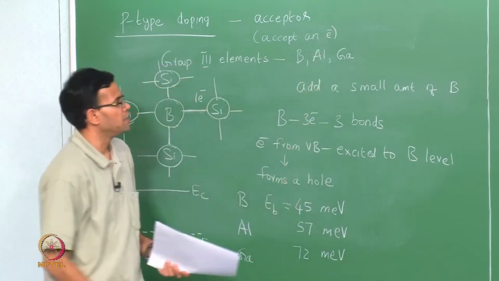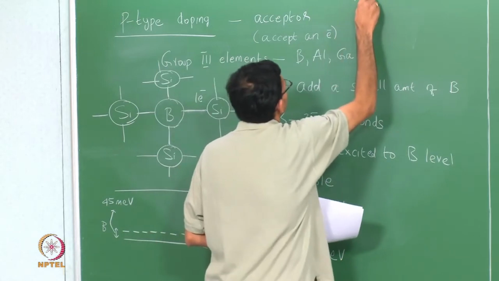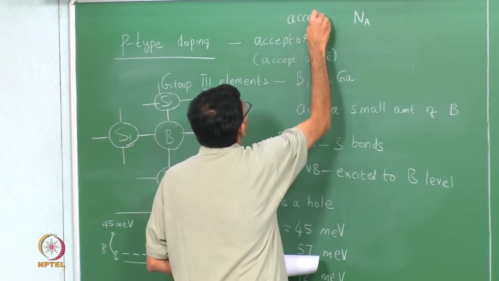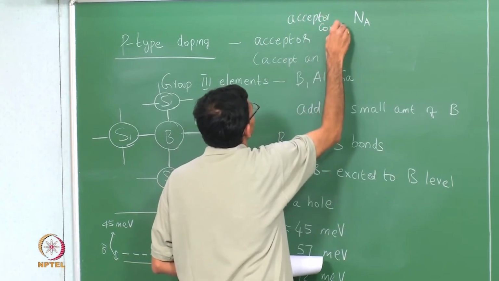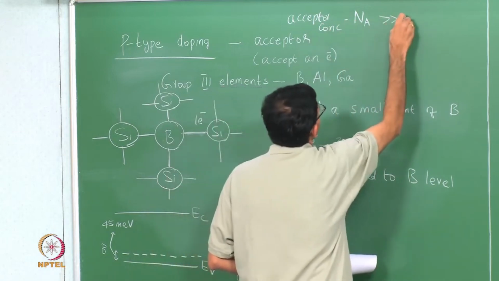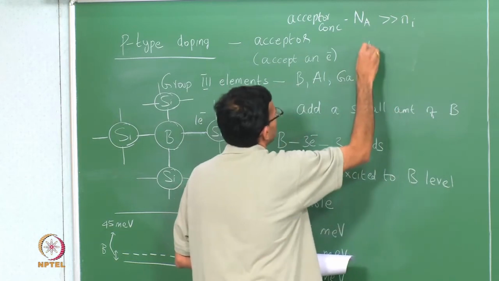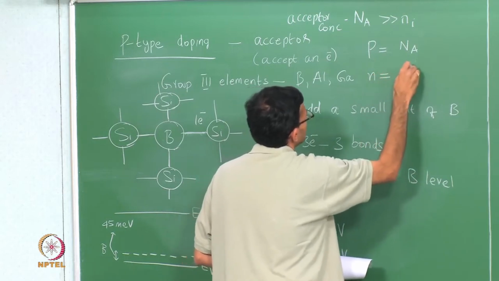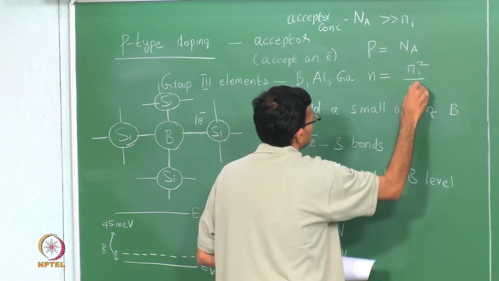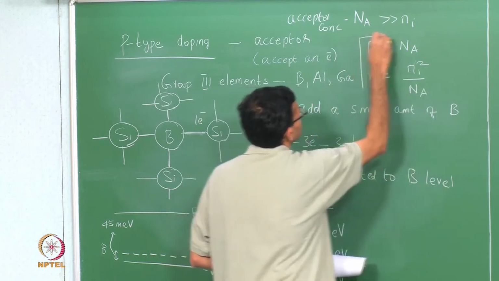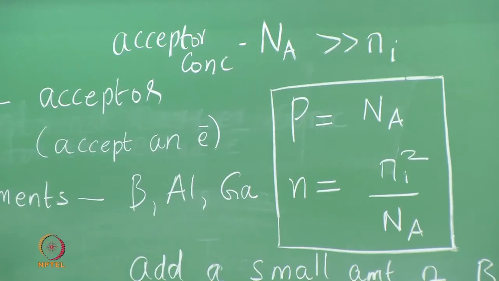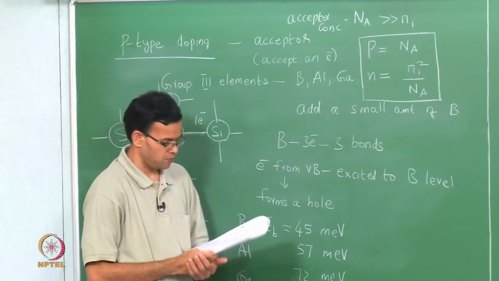And just the same way as with n-type, if Na is your concentration of acceptor atoms, and Na is much greater than Ni, you will find that P is Na, and N is Ni square over Na. These are the same arguments that we used when we described the n-type dopants.